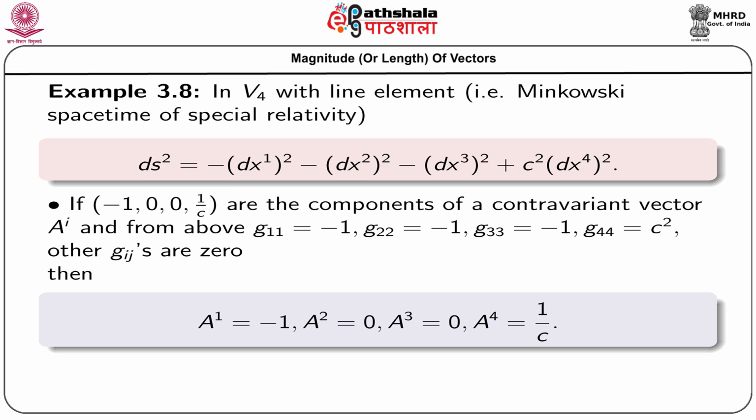This c can be considered as the velocity of light in Minkowski space-time.